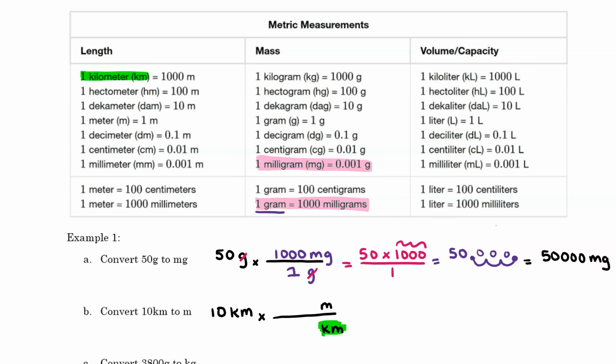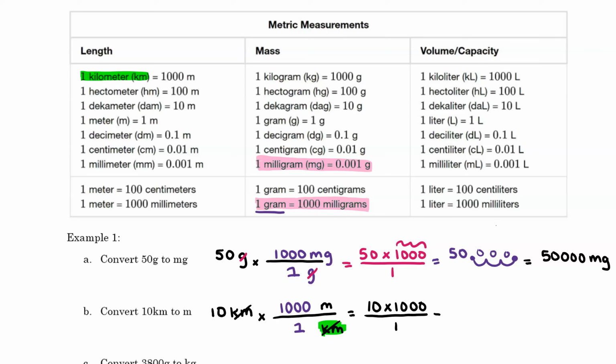So I'm going to use this conversion that 1 kilometer is the same as 1,000 meters. So I'm going to take kilometers out because they canceled, and I'm doing 10 times 1,000.